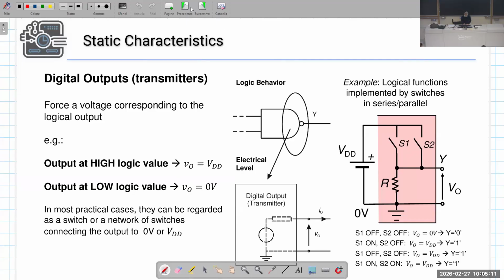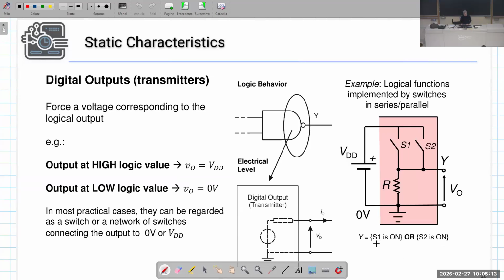So the logical function that gives the output variable in function of the conduction state of the switch is: Y is 1 if switch 1 is on, or if switch 2 is on.